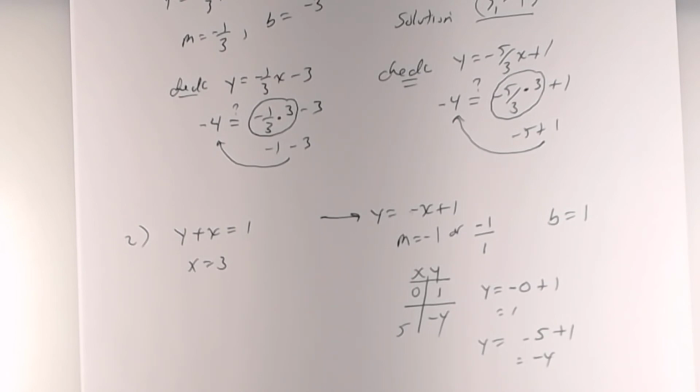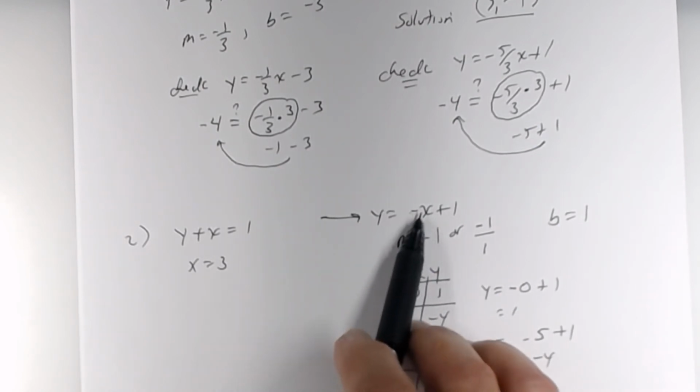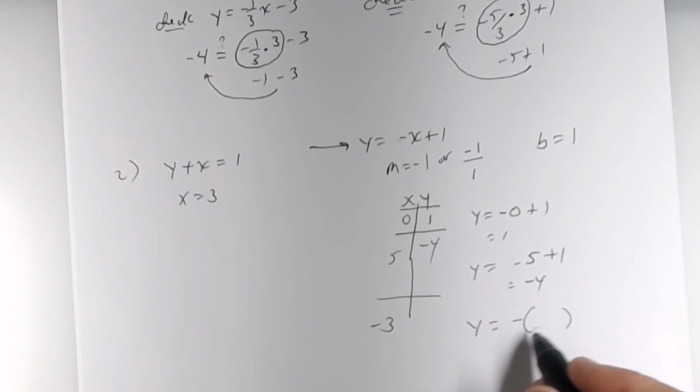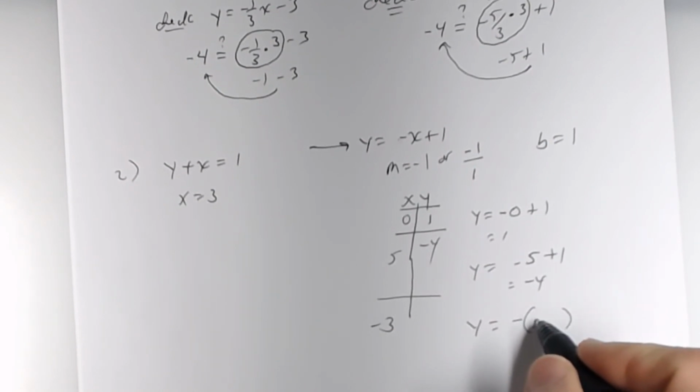Someone else could have used, let's say, x to be negative 3. Let's do negative 3, just to remind you what you would need to do. I would have y equals the opposite of x. That's how you read this, negative x, opposite of x. What's x in this case? Negative 3.